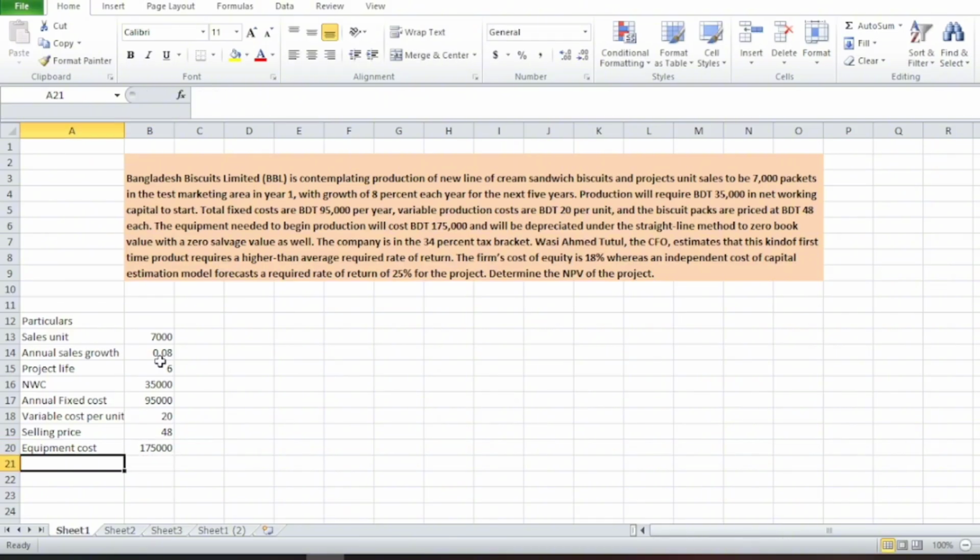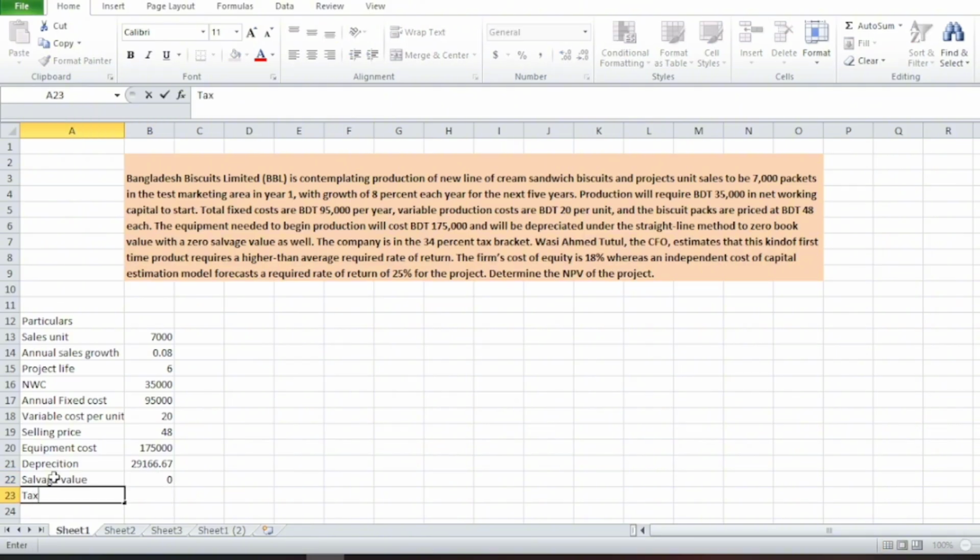We have the depreciation, which we can easily find out since it's the straight line method. So the depreciation would be the equipment cost divided by the project life. This is our annual depreciation. We don't have any salvage value, so it's 0.